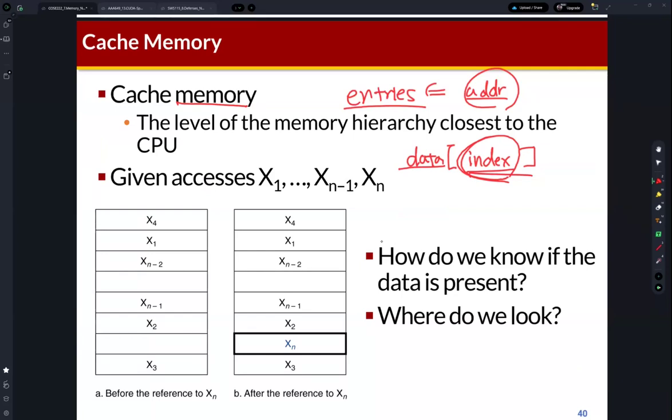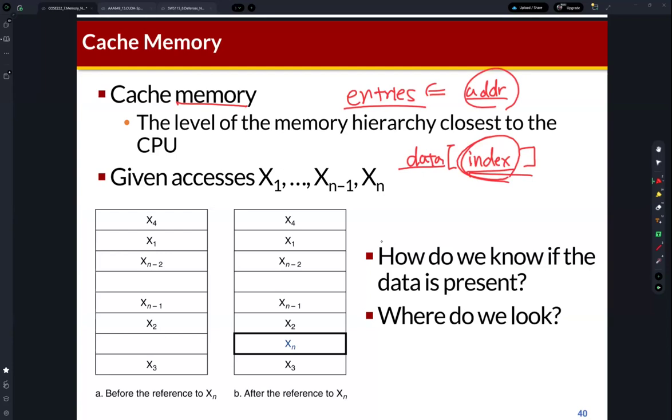So think like this. When we design a memory module, this memory module includes multiple data elements, right? So we just declare a data array, and in order to access a certain data element or data entry, we use an index, right?